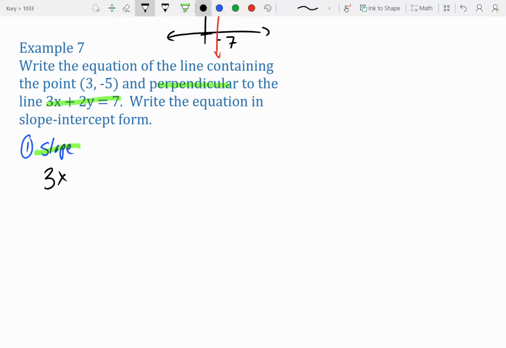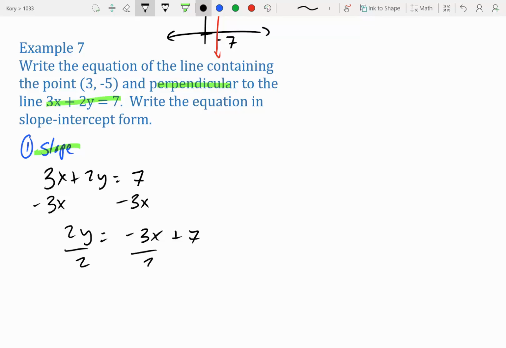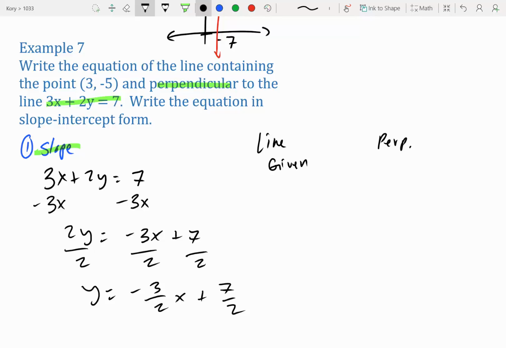So we have 3x plus 2y equals 7. To find the slope, we need to solve for y, so we subtract 3x. We have 2y equals negative 3x plus 7, divide by 2. So we have y equals negative 3 over 2x plus 7 over 2. So this is the line that's given, and then this is the perpendicular line.